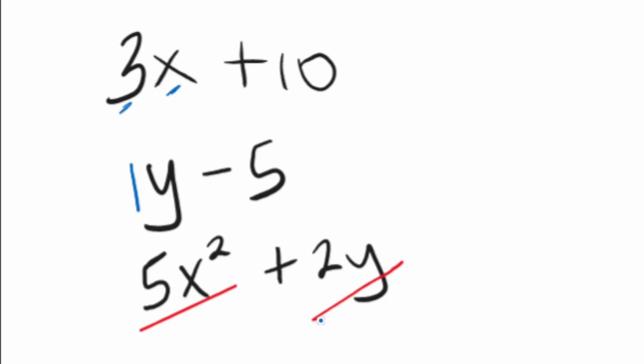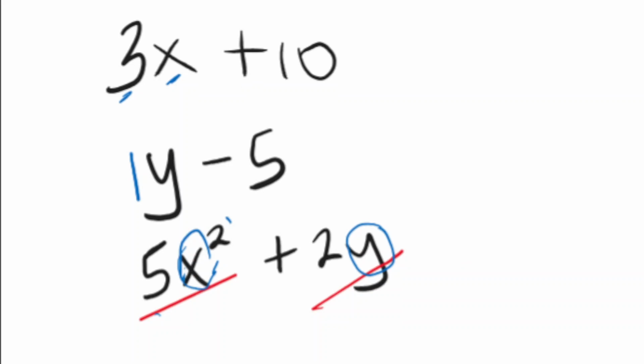It has two variables: x squared, or x, and the variable y. So what are the coefficients? The coefficients are 5 and 2. The coefficient of x squared is 5, and the coefficient of y is 2. Any number attached to the variable is the coefficient.